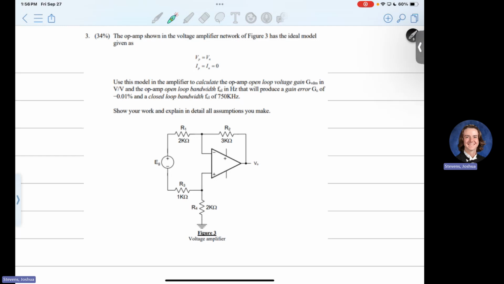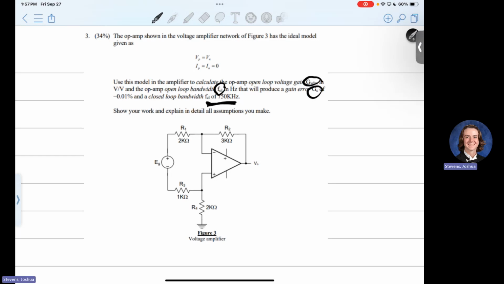Biggest thing is we're solving for this, this, and this. No, we're not. We're not solving for that. Give me a sec. We do need to solve for this. We do need to solve for this. And we do need to solve for this. This is given.